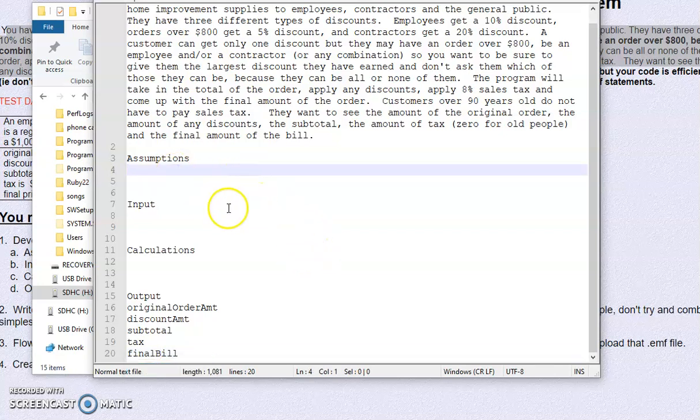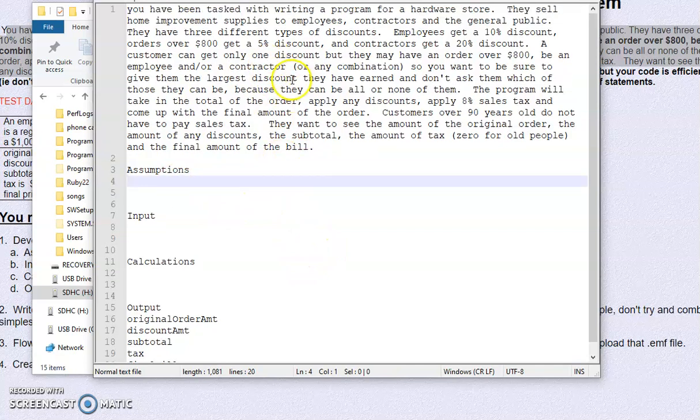Next thing is our assumptions, and that is going to be all the numbers up there. So we can see 3 types of discounts. So we have an EMP disc rate equals 0.10, that's 10%.